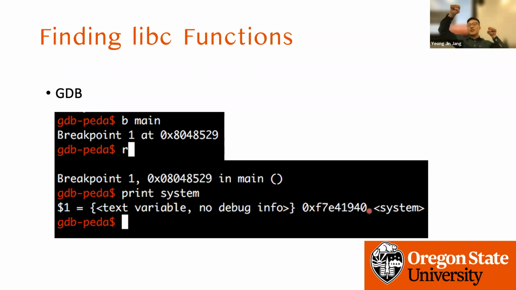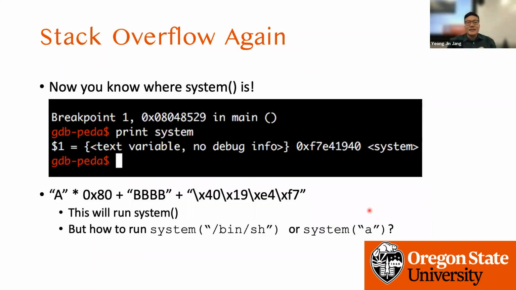So you can easily find where the function is with this kind of technique. Attach GDB to the challenge binary, set a breakpoint, and run it. Then print system, print execv, print execl. Those all work, and now you know where the system function is. Then you might want to compose your buffer overflow attack payload: fill the buffer, fill the EBP, and then put the address.